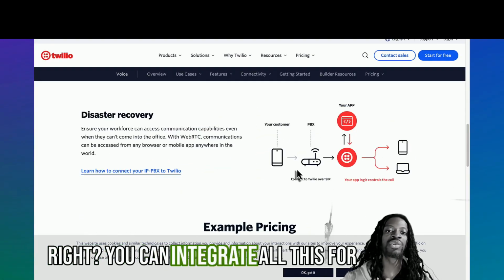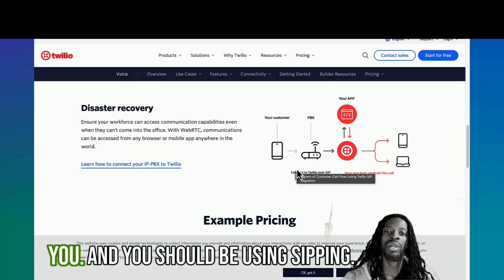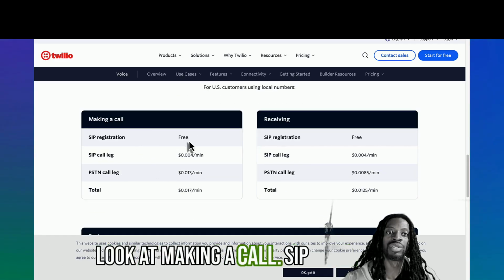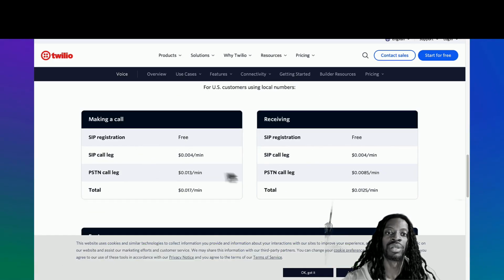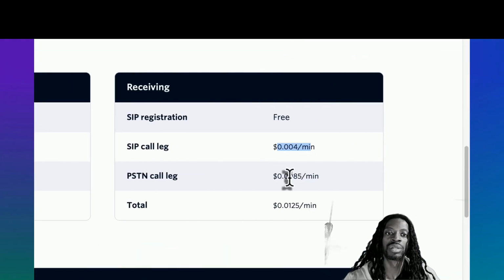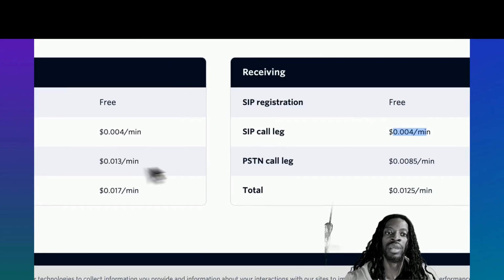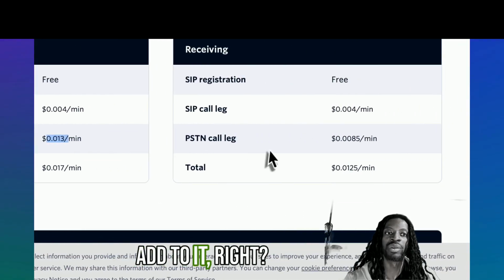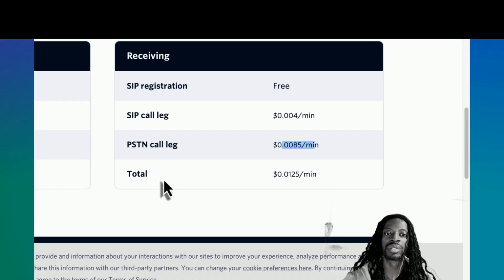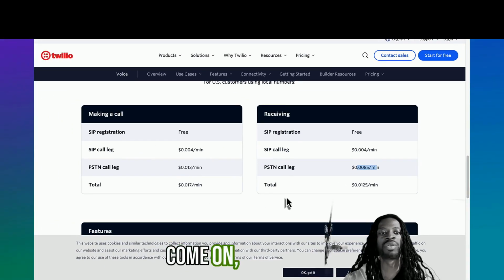Right? We can integrate all this for you. And you should be using SIP. Look at making a call. SIP registration's free. Look at how much the call leg costs. Okay? And this is how much it is to add to it, right? Come on, folks.